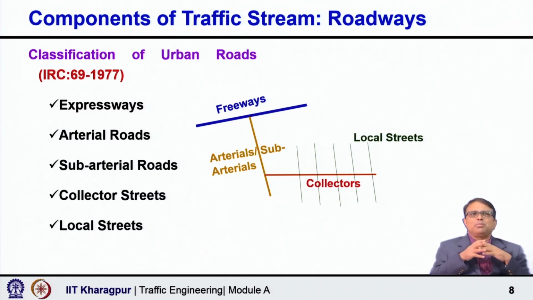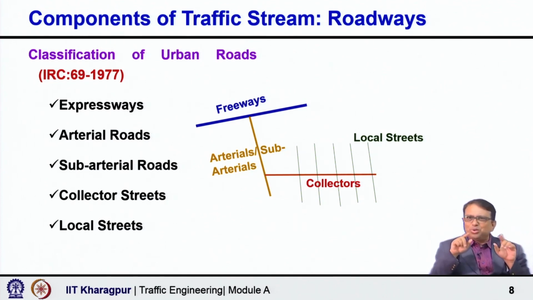If you come to the urban roads, as per Indian Roads Congress guideline, the highest standard of urban road is called expressway, which is completely access controlled. So the primary function is 100% focus on mobility, not the accessibility.